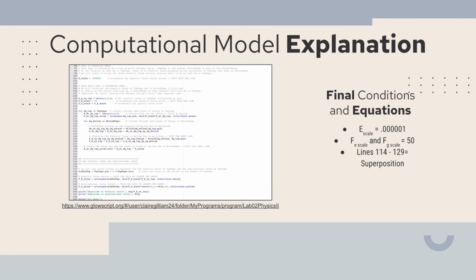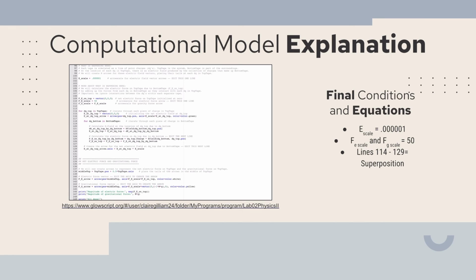So our E scale, or our electric force scale, was 0.000001. Our electric force and gravitational force scale is 50, which we multiply for both fields, and then lines 114 to 129 represent superposition as we change the electric field equations depending on where you are along the piece of tape, which more accurately represents the charge on the piece of tape.